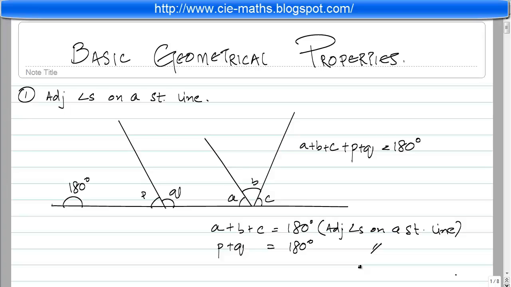So be careful when you are using that property that it says sum of angles on a straight line at a point, or simply you would say adjacent angles on a line. And you will have to memorize these statements that I have written in the bracket, because instead of writing your own sentences, it's better to use the standard statement. Let's move on to the next property.